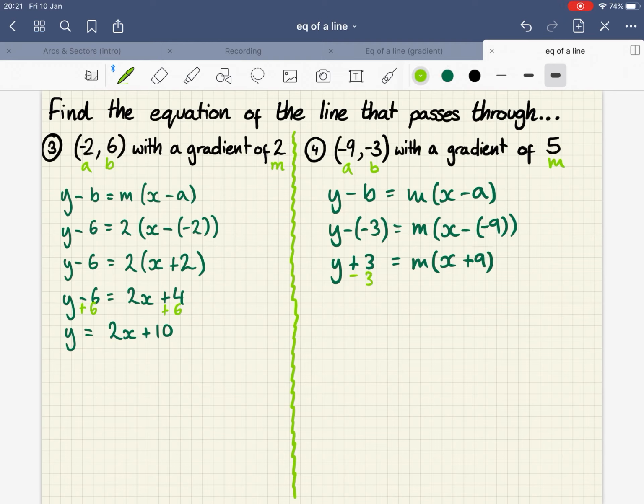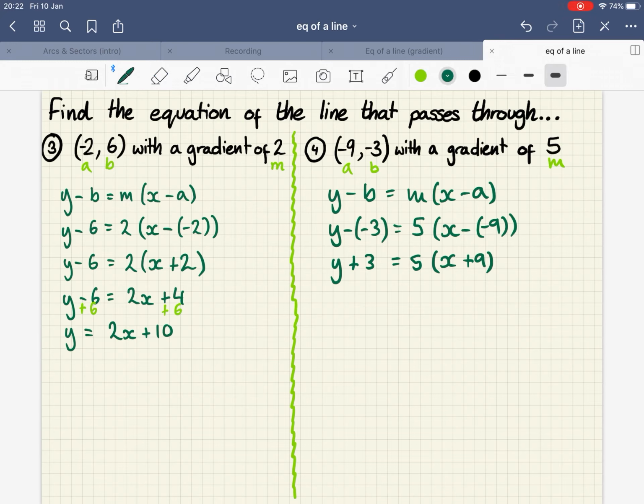So I take away the 3 from both sides. So that's going to be y equals, oh, I just realised I never actually put in my m value. So let's rub those two bits out, and let's put 5 in there. Oh, what am I doing? I'm in a right mess for this one. Okay, let's just rub that out.